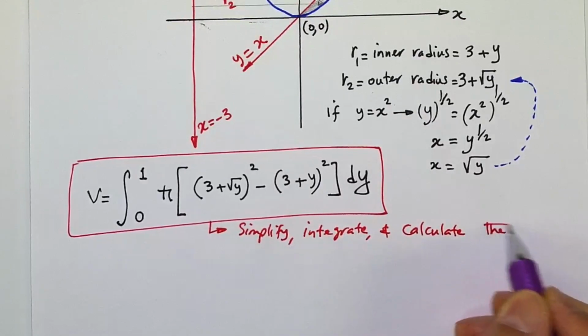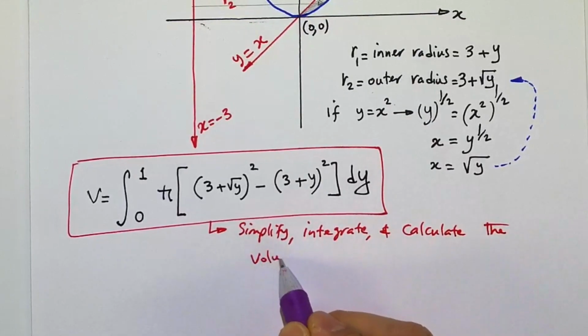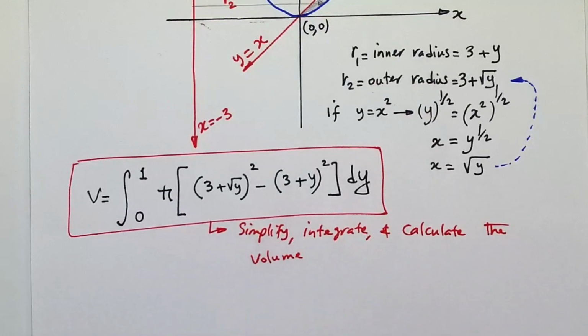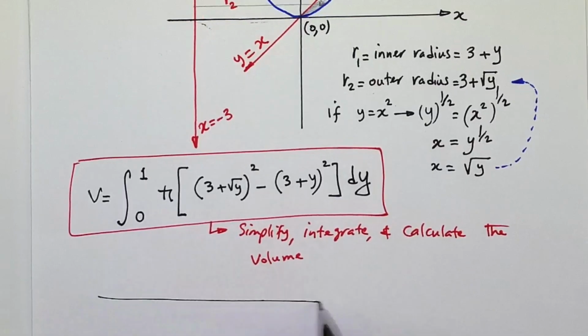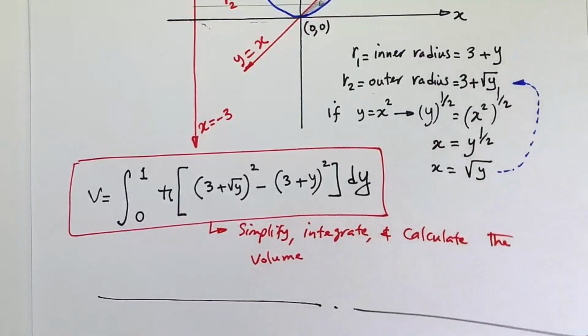the volume. So depending on the type of question you get on the exam, if it asks you to just set up the integral, this is where you would stop and you get full credit. But if it asks you to set up the integral and then calculate the volume, you would take this and calculate this definite integral all the way. Okay, so that is that.